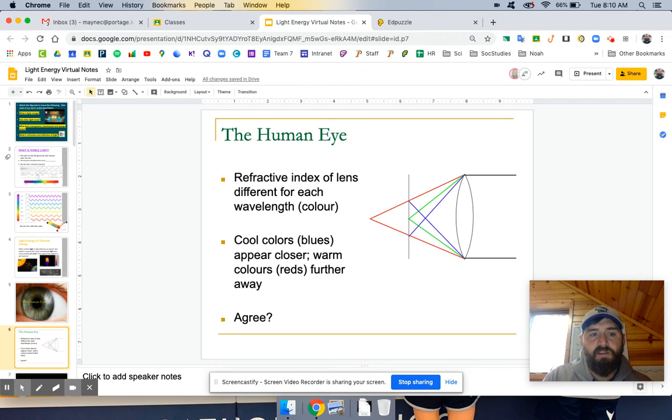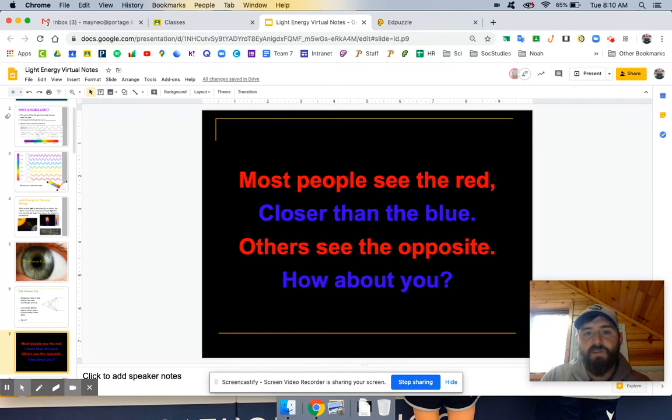And so just a little background, I'm going to share this with you guys. So you're going to have these slides if you want to ever click on these links or watch these videos. It's really interesting. But it says most people see the red closer than the blue. Others see the opposite. How about you? So take a close look at this slide. What appears to be closer, the red or the blue words?